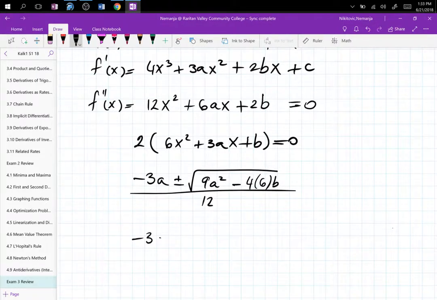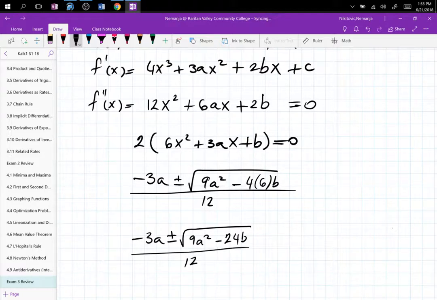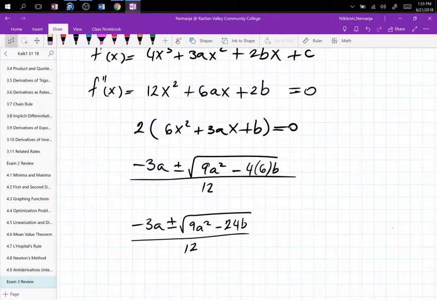So that's negative 3a plus minus square root of 9a squared minus 24b, divided by 12. All right. 0 inflection points or 2 inflection points.